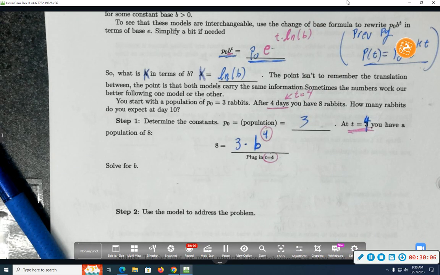All right. So b is right now some unknown parameter that governs the rate of growth. Does that constant b look like something you could solve for easily enough? Yeah.